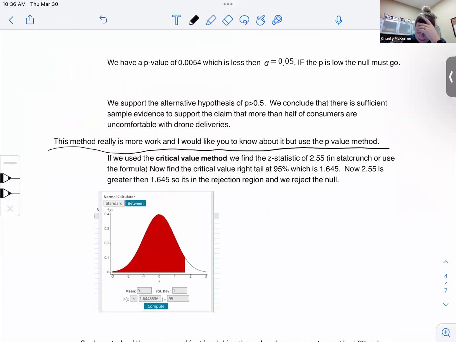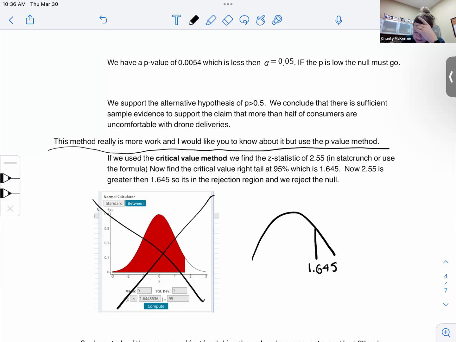So yes, it is. We have this bell shape, we have this 1.645 value, and we're going to ignore this, sorry. And is this number in this rejection region? Yes. 2.55 is in that rejection region.